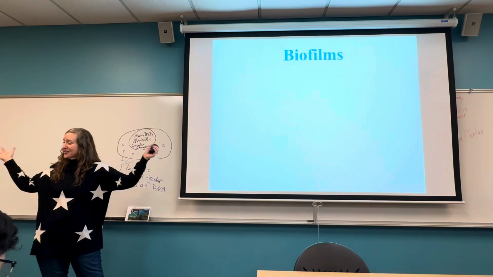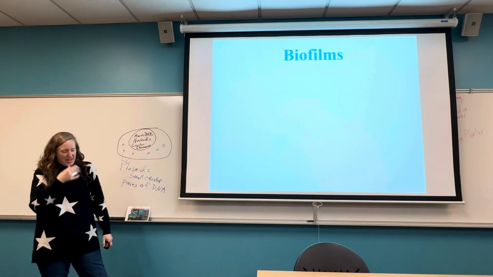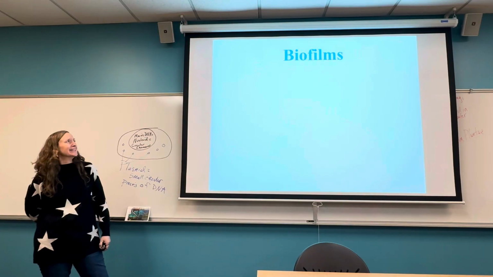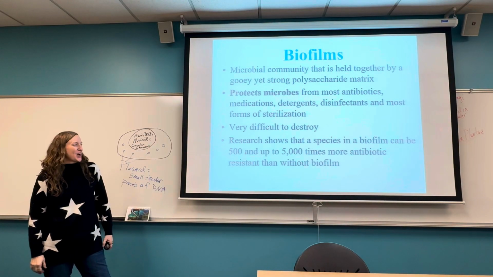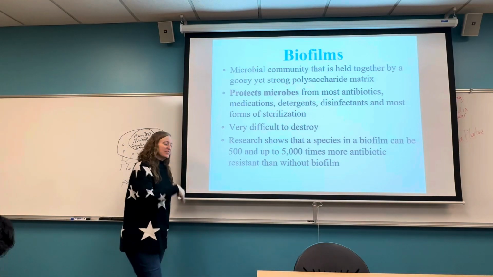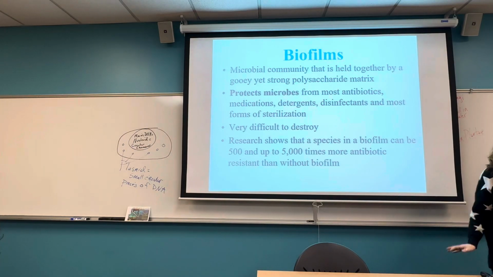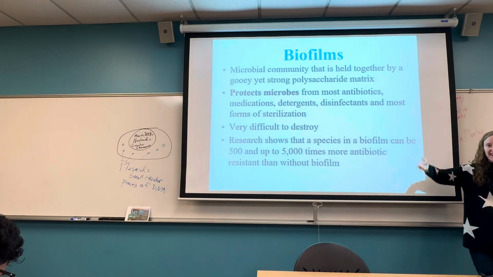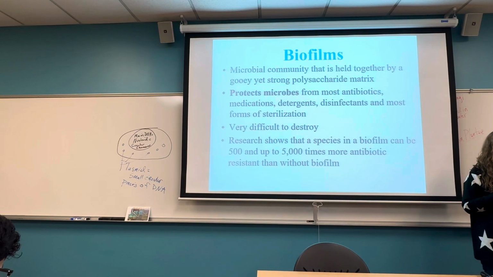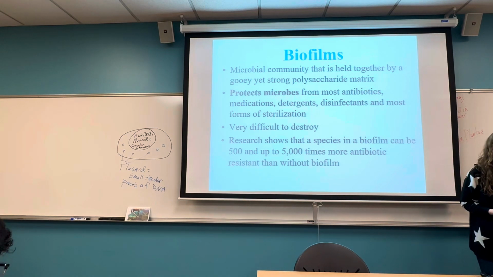Some bacteria are good. We're not talking about the good ones yet. Sorry, we're still talking about bad ones. Biofilms. Biofilms are crazy. So bacteria have an easy time surviving, but they can go into these thick, slimy layers called biofilms, and they can survive in the harshest of environments, including antibiotics, for example.